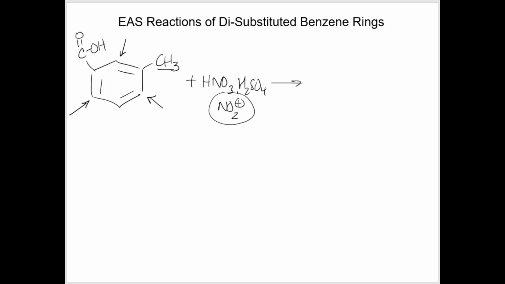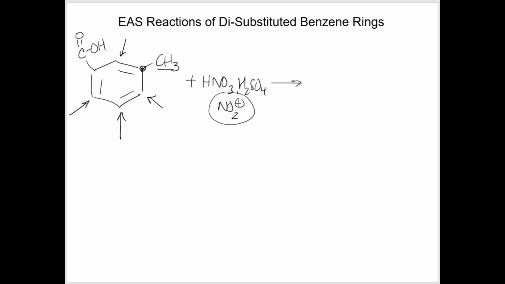And then this carboxylic acid group is going to point where? Well, it's going to point meta to itself. Where there's already a group, you can't put your electrophile. So this carboxylic acid group is going to direct here. Now, if the two groups were directing to the same position, then there would be no question, right? That's where the electrophile would go. But if the groups point to opposite directions, then who wins?